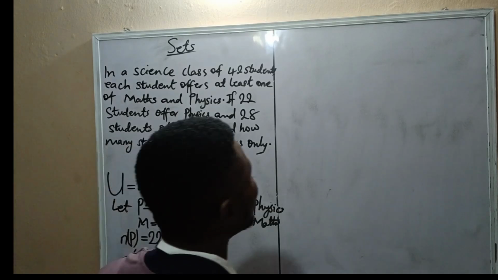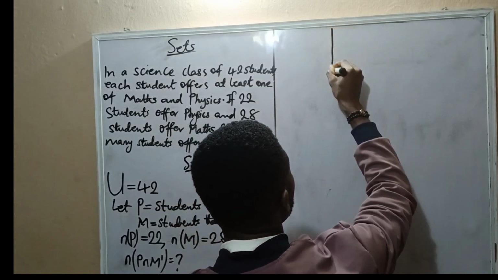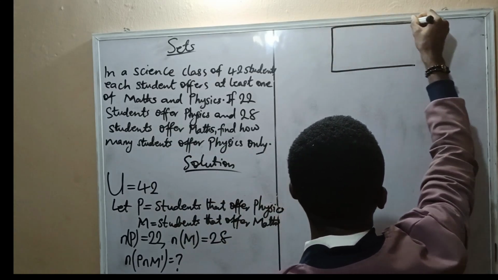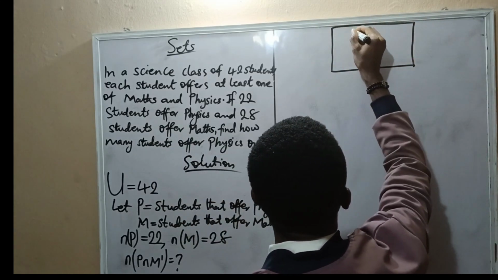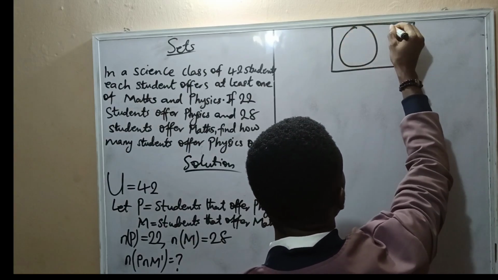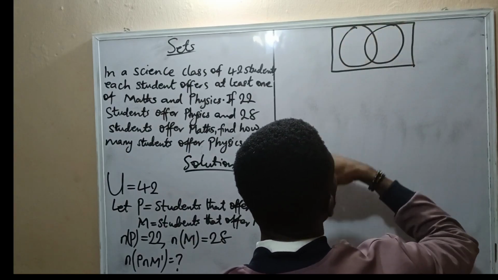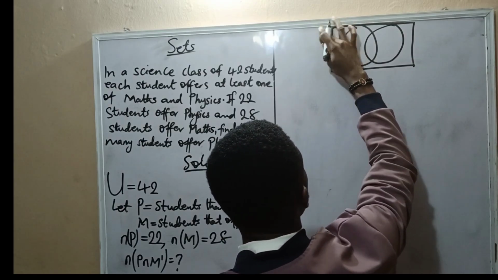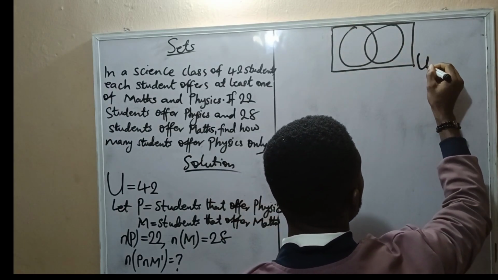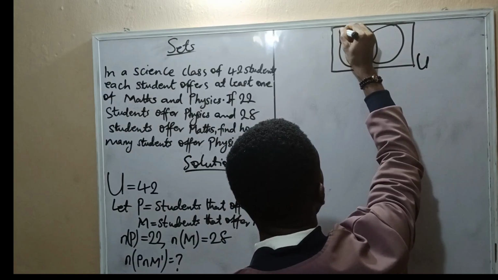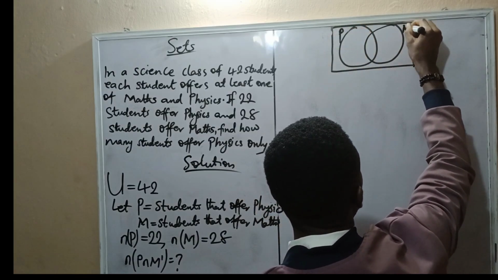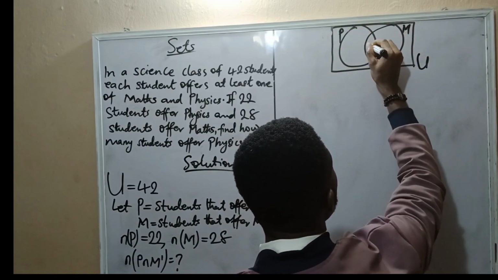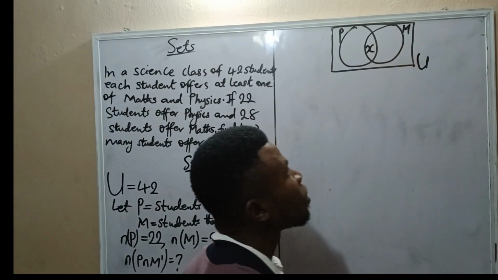Now let's draw the Venn diagram. This is the universal set U. This is the set of students that offer physics, the set of students that offer mathematics, and this is the set of students that offer both, though we are not told.